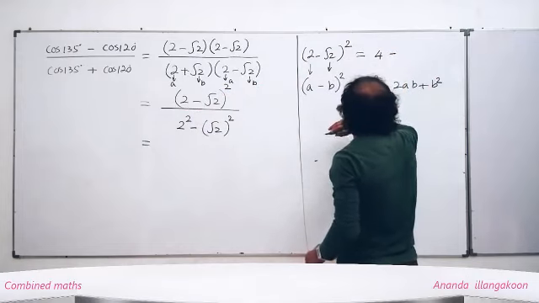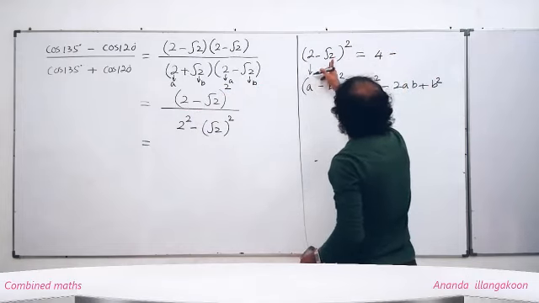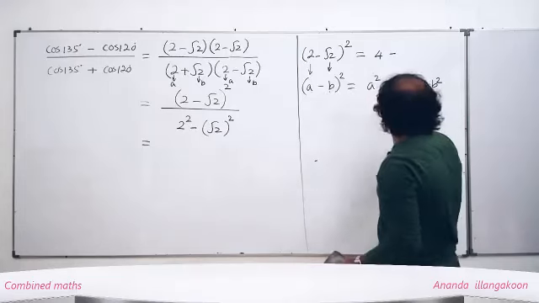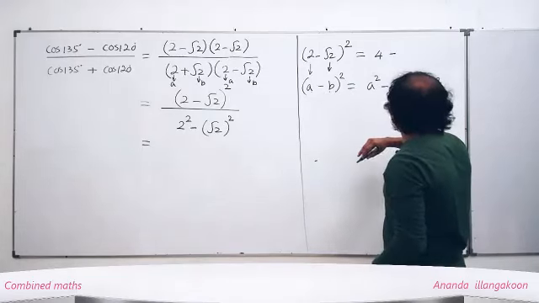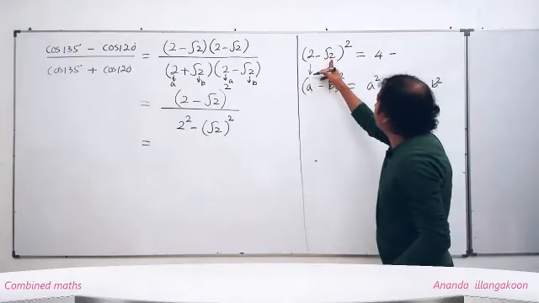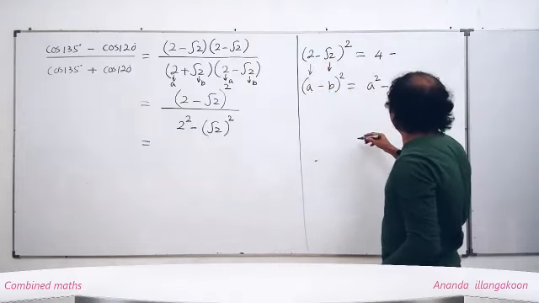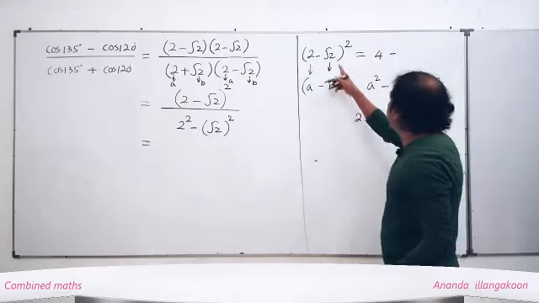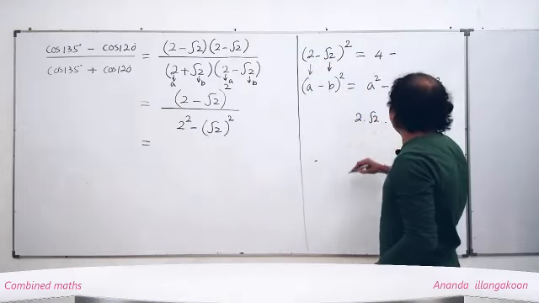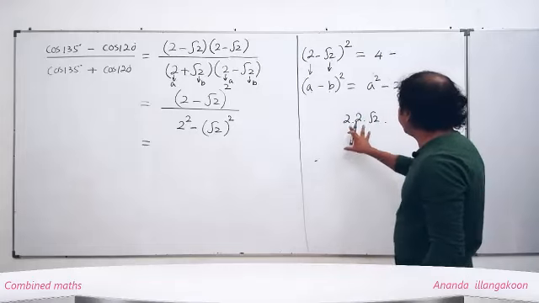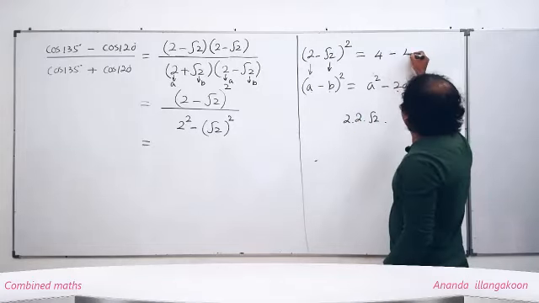Minus what, people? a into b here multiplied by 2. 2 into root 2 is this ab product. That should again be multiplied by 2. Then we get 4 root 2.